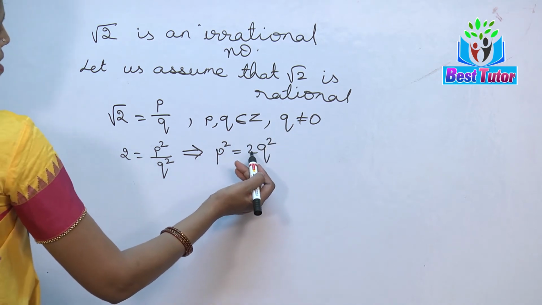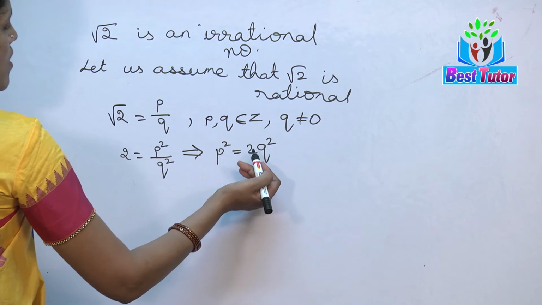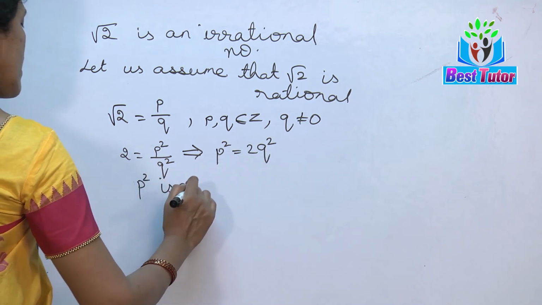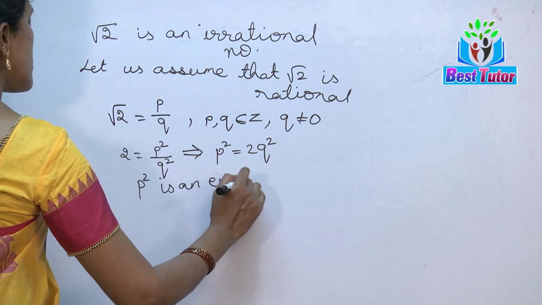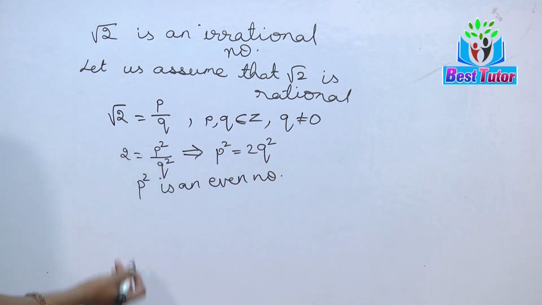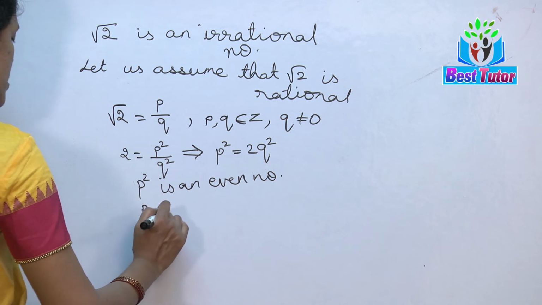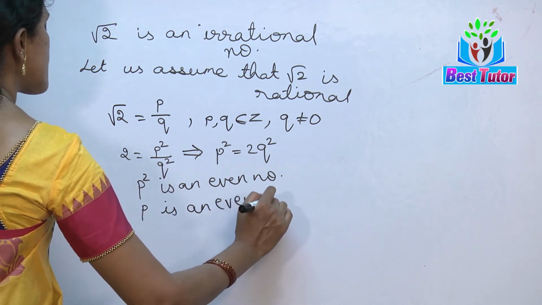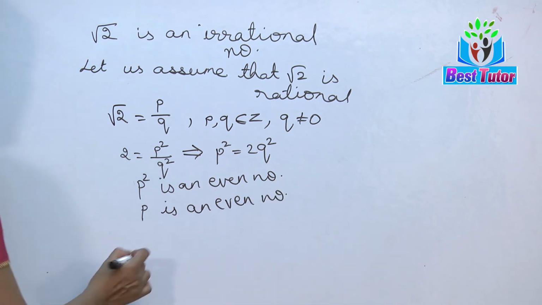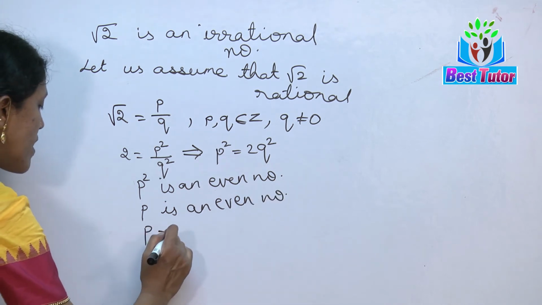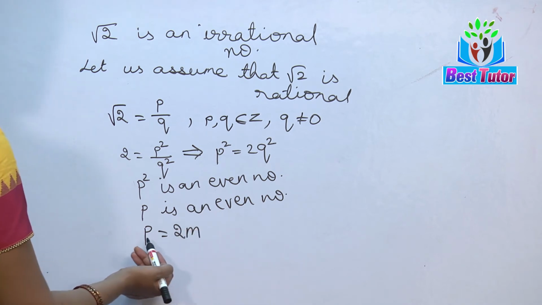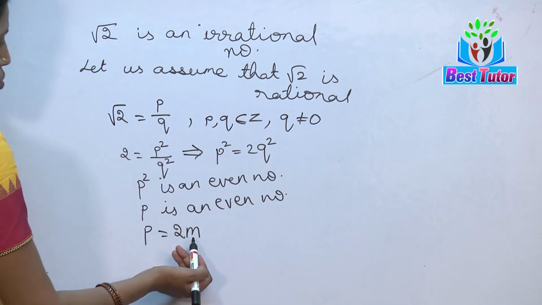It means that p square is a multiple of 2, or p square is an even number. If p square is an even number, it means that p is an even number. If p is an even number, it should be written as a multiple of 2. So, I will take some number m in such a way that p is equal to 2m.